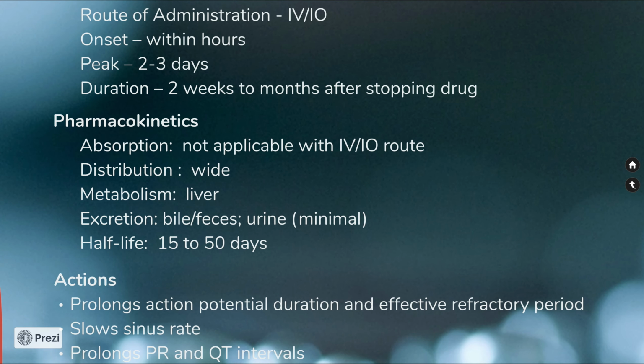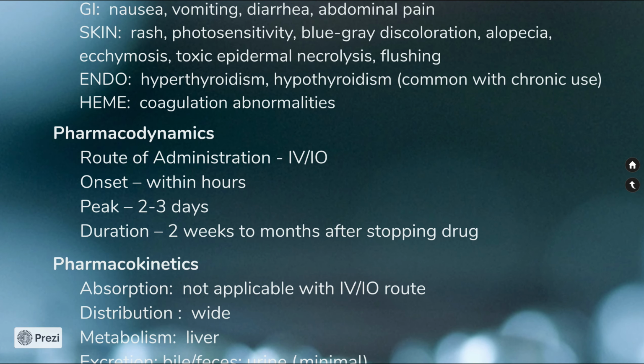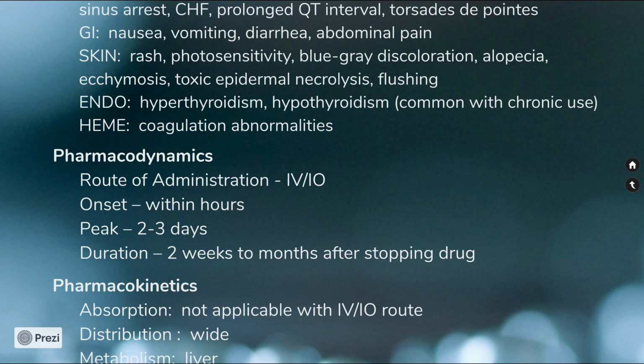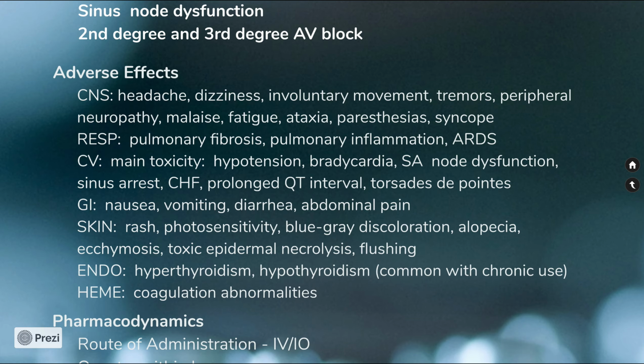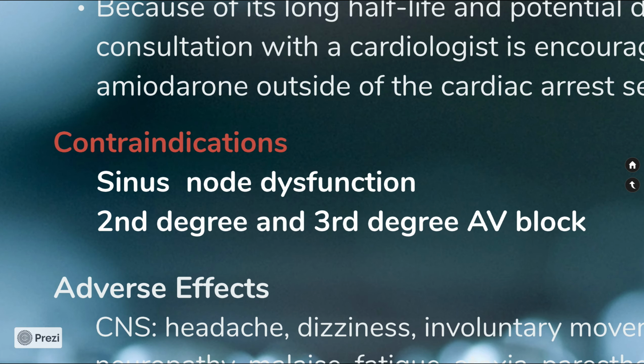So these are the pharmacokinetic parameters of amiodarone, the pharmacodynamics, and the adverse events. Note that amiodarone is contraindicated for those with sinus node dysfunction and those with a second degree or third degree AV block.